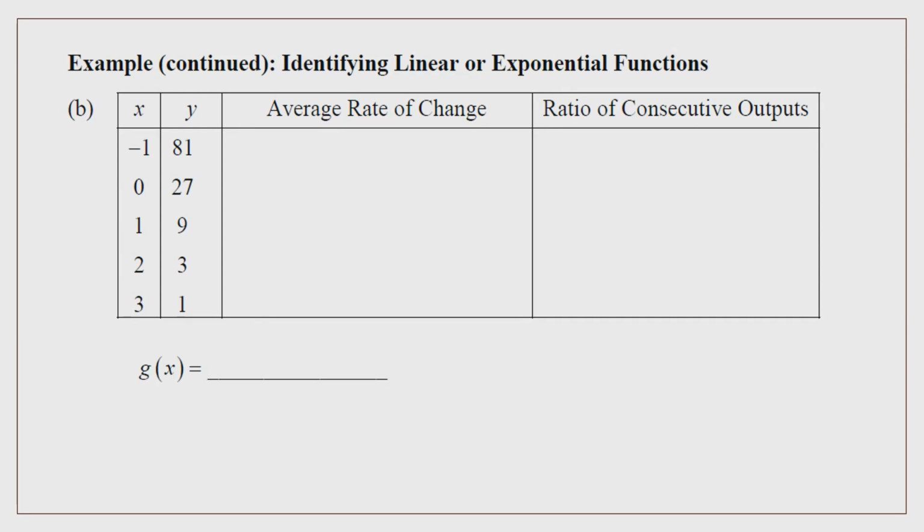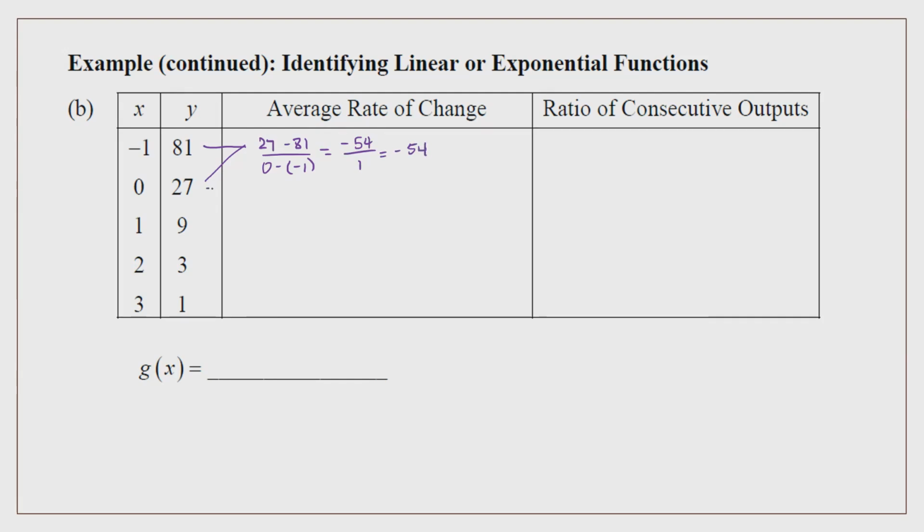All right, so here we have our points. So let's go through the process of finding the average rate of change. Okay, so we'll have 27 minus 81 divided by 0 minus negative 1, which equals negative 54, over 1, which equals negative 54.